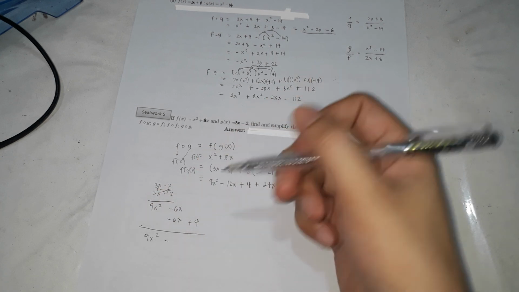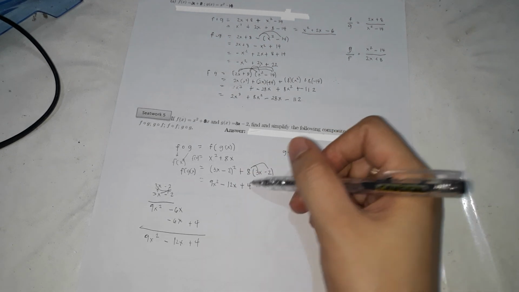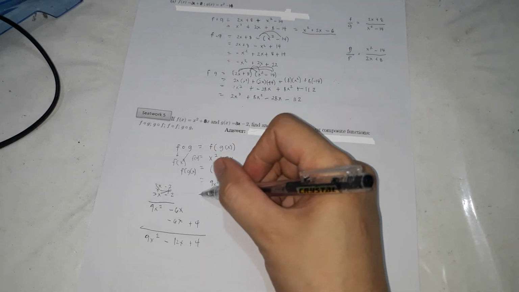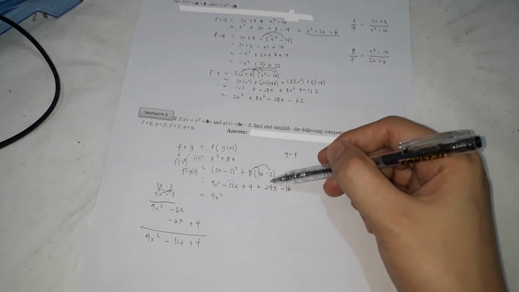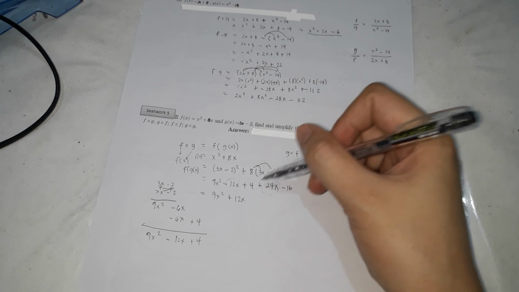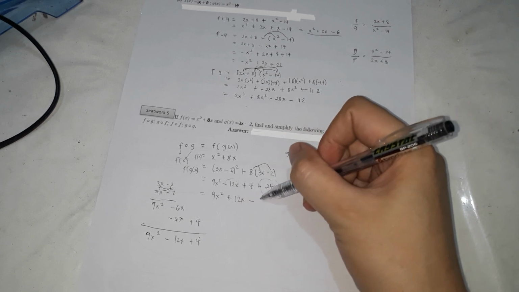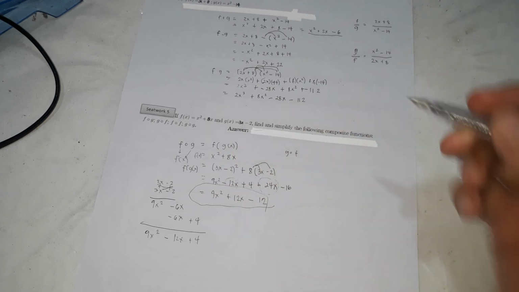So 9x squared minus 12x plus 4. Our answer is correct. Then combine like terms: 9x squared, negative 12x plus 24x is positive 12x, and 4 minus 16 is negative 12. So this is now the answer for f of g of x.